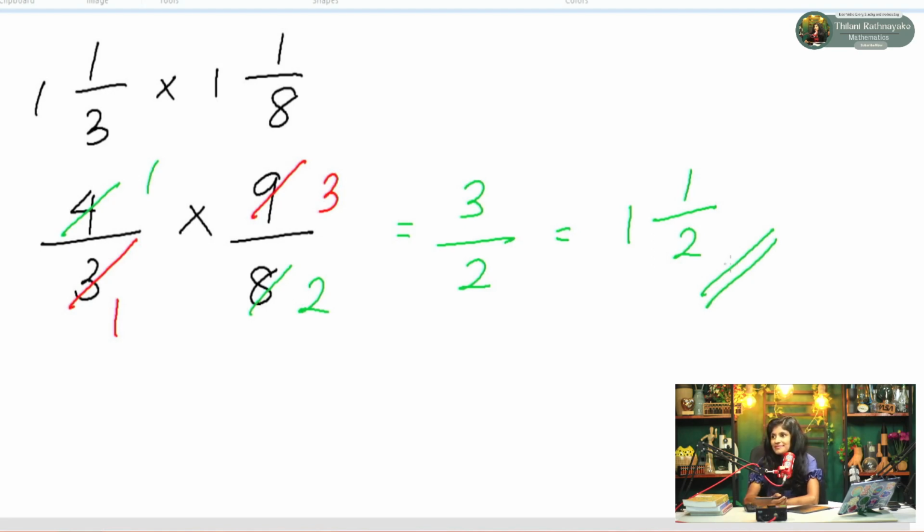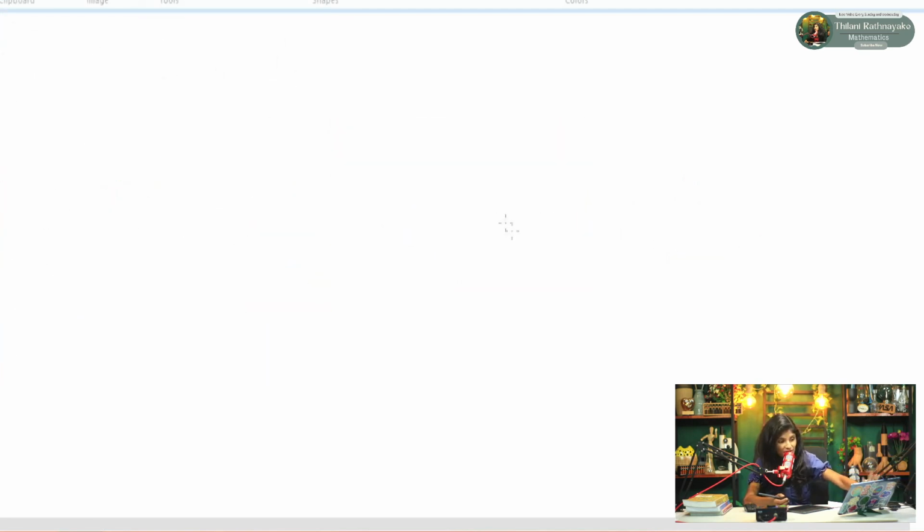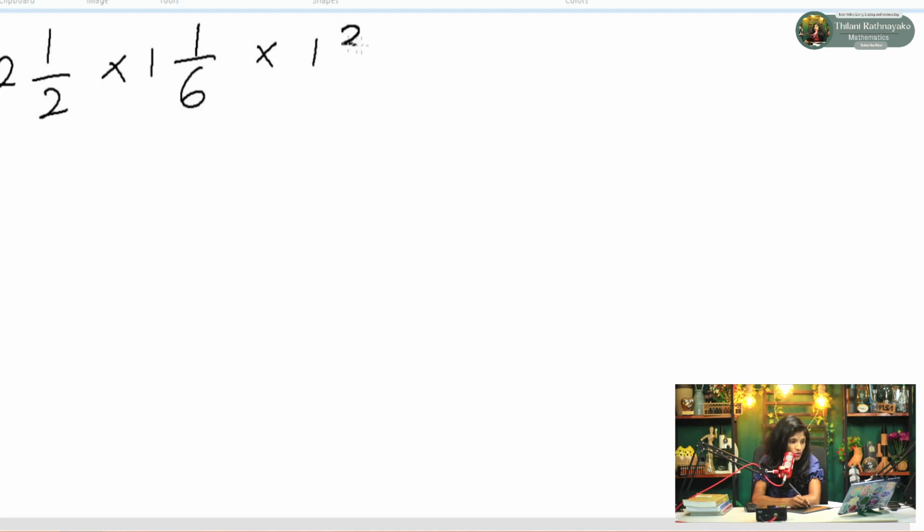That's it. So moving to the last question of the video, that is more complex. There are 4 numbers. So that is 2 1 over 2 multiplied by 1 1 over 6 multiplied by 1 2 over 10 multiplied by 2 over 7.